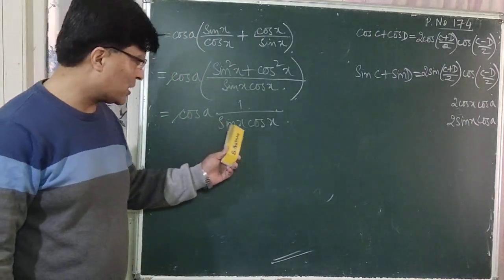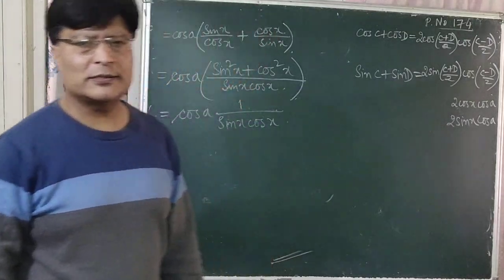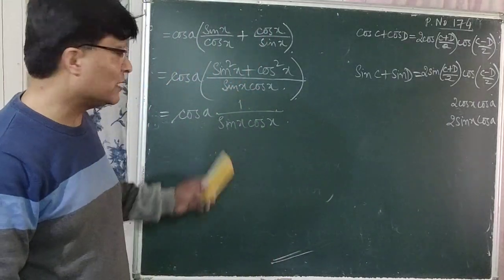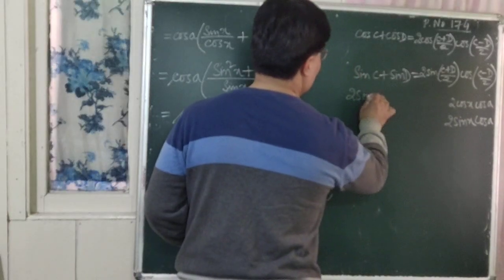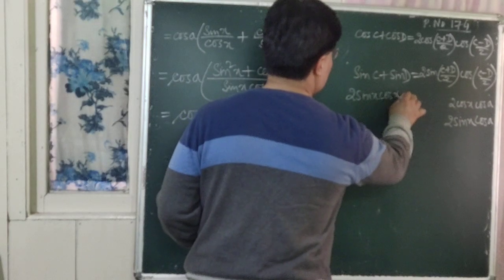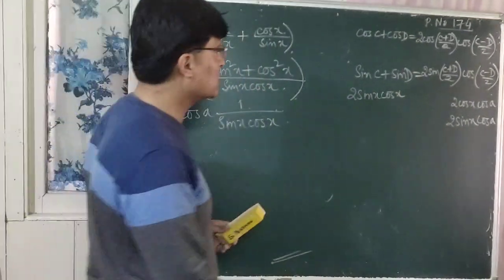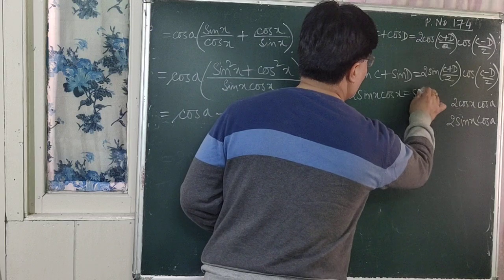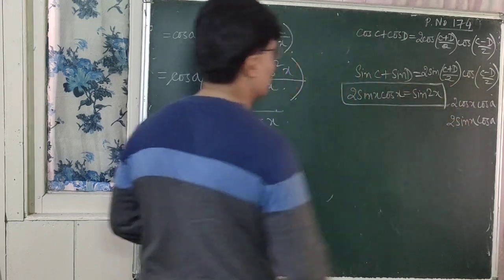I think you know this expression, sin x cos x. In multiple angles, in trigonometry in class 11 you did it. What is the formula for 2 sin x cos x? This is sin 2x. We should use this formula.